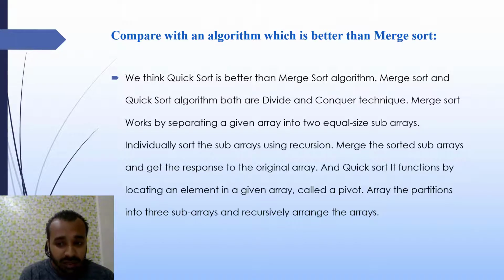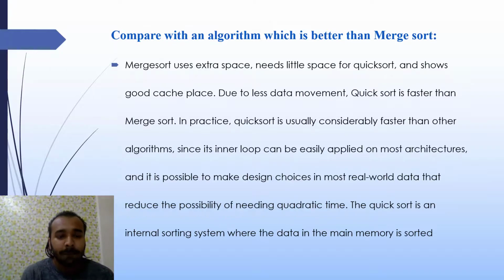And quick sort functions by locating an element in a given array called a pivot, partitions the array into sub-arrays and recursively arranges the arrays. Merge sort uses extra space, while quick sort needs little space and shows good in-place behavior.